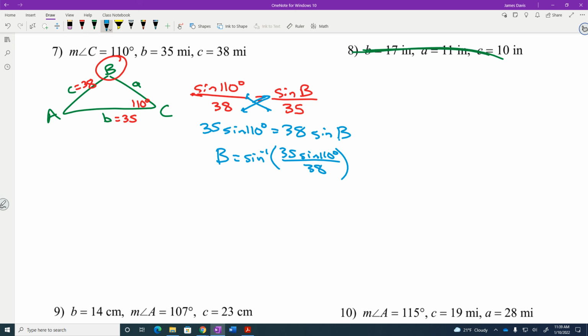We get 59.9 inches. You round to 60, then that's okay. Degrees. Okay, then what would be the next thing to get?